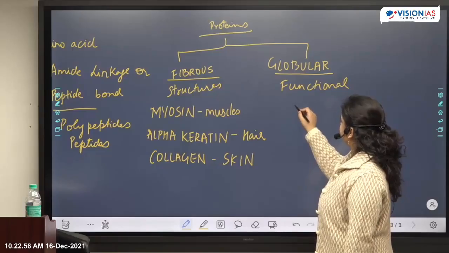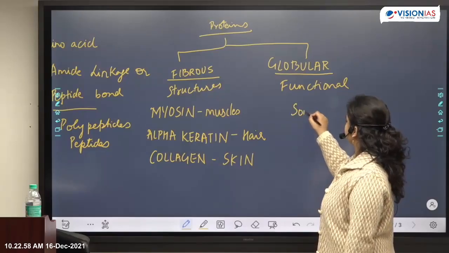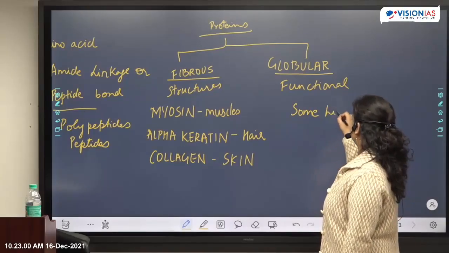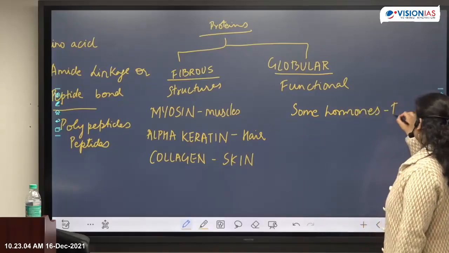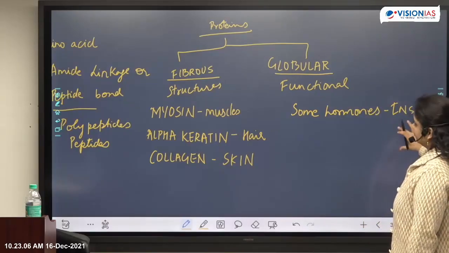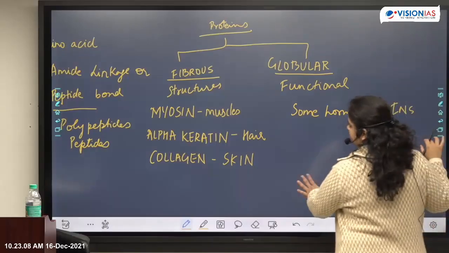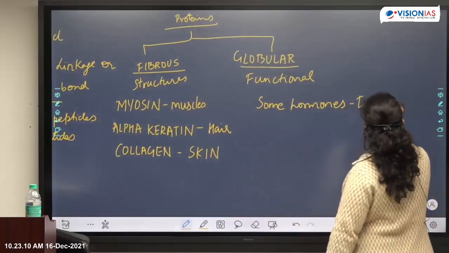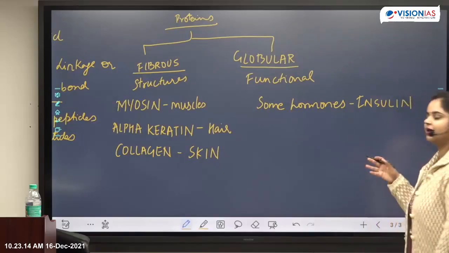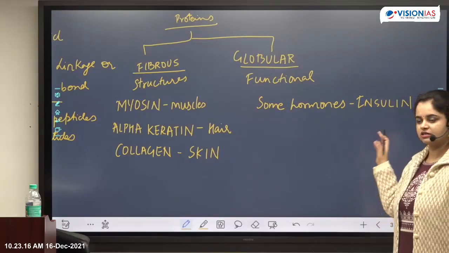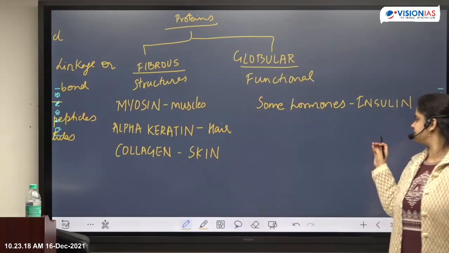Some of these proteins can form hormones. So we have a hormone which you would have heard about, insulin. We will study hormones, so there again the concept will come there, but here just as an example.